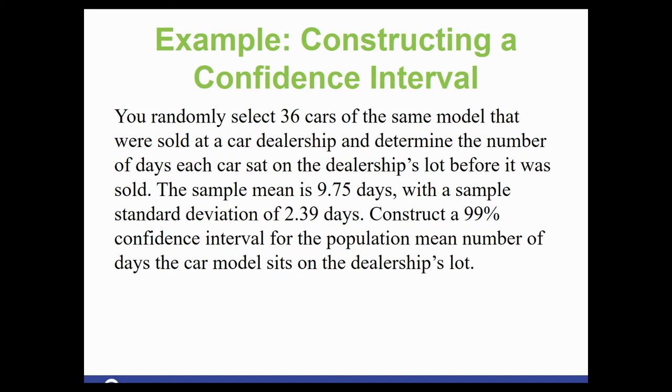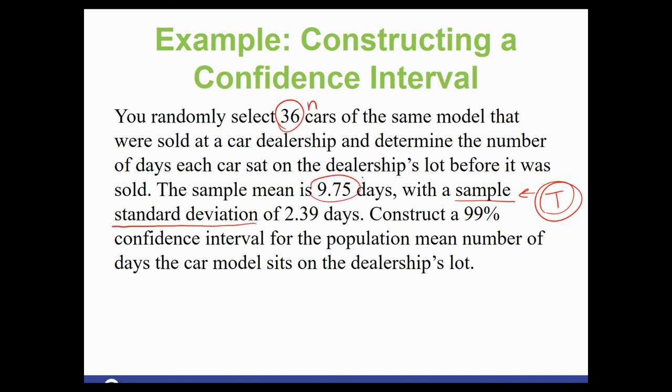So again, when we mix them all up, first thing you should look for is the term standard deviation. And right in front of it, it tells you that we have a sample standard deviation. That means this is all going to be a t distribution. That's what we're looking for. So then we've got our sample size, 36.